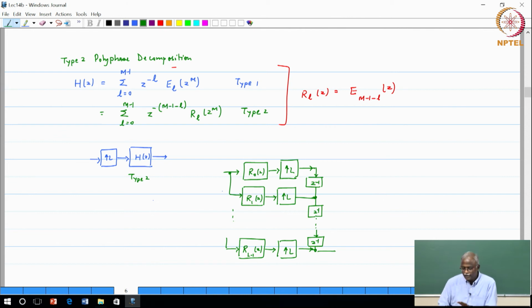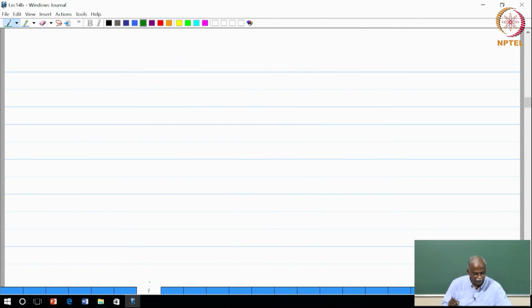So for now I hope the definition of type 2 is clear, and then the implementation of a filtering operation with type 2, and once you are comfortable with this, we can build on it. But as I mentioned, type 1 is the predominant structure that we are going to be working with.